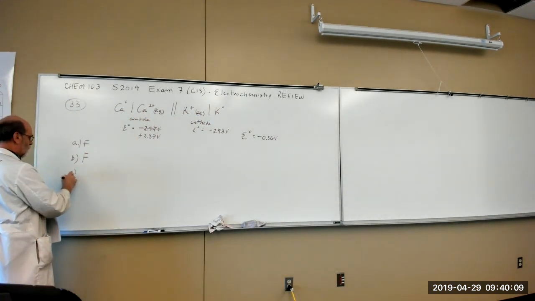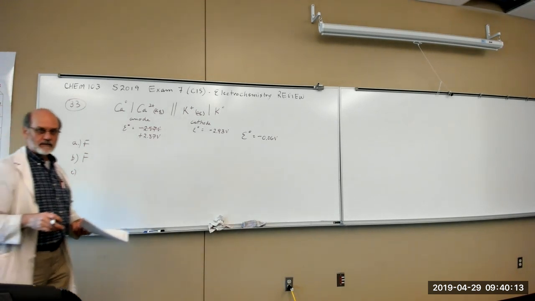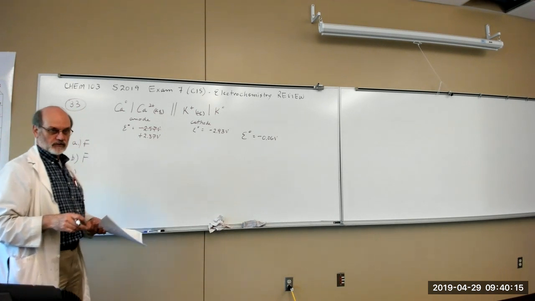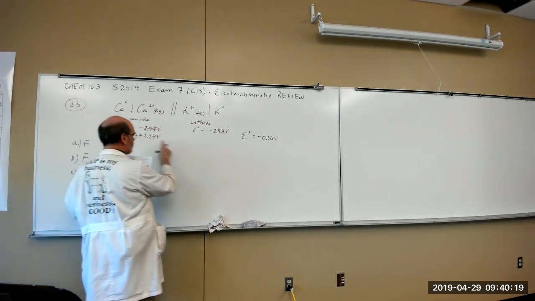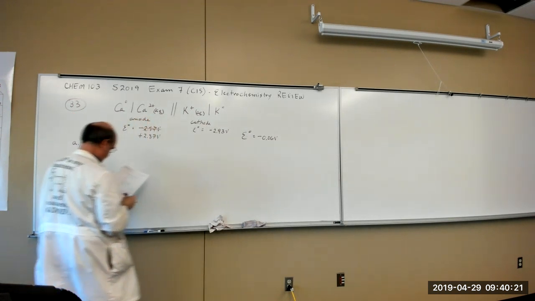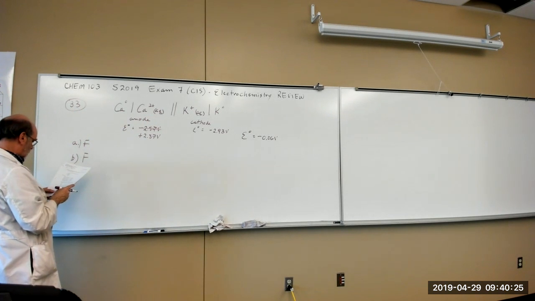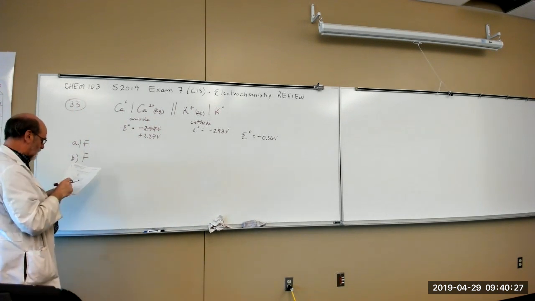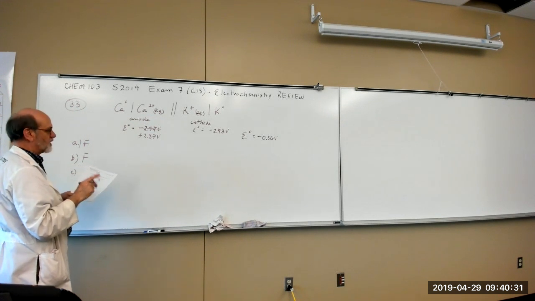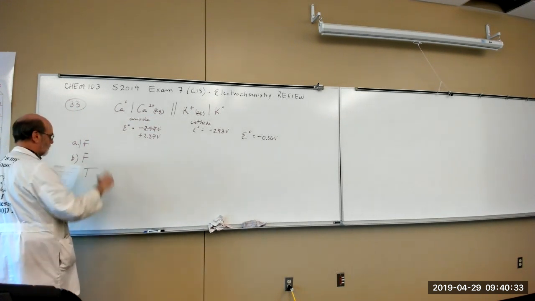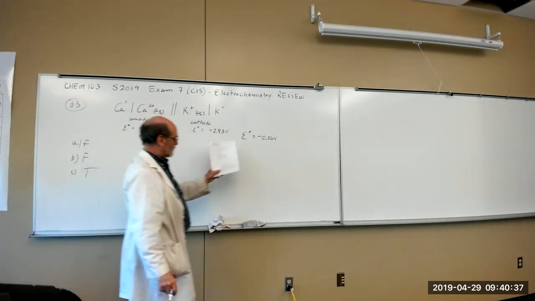So B is false because the value of E is wrong. All they did was take this negative and add that negative together. You can't do that. C, the cell reaction is non-spontaneous, true, with a standard cell potential of minus 0.06. Yep, that's correct. Non-spontaneous, it has this voltage.